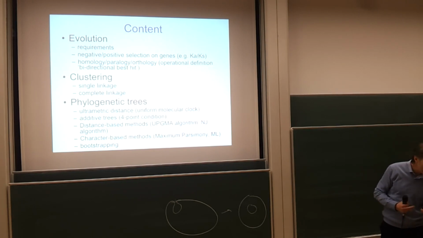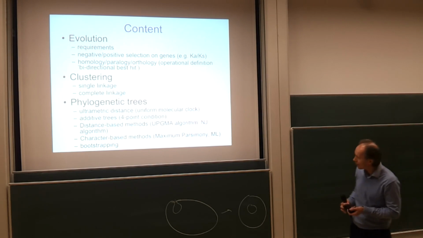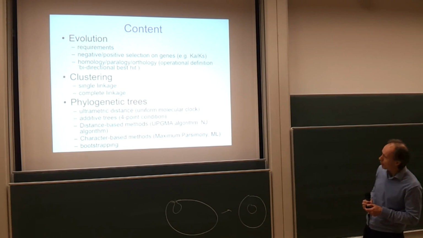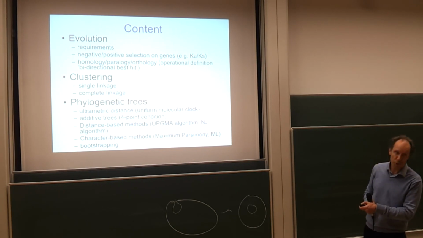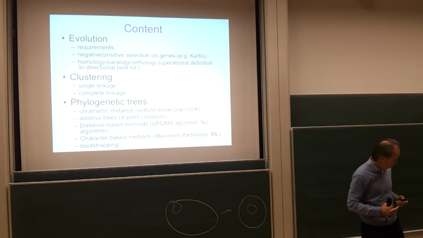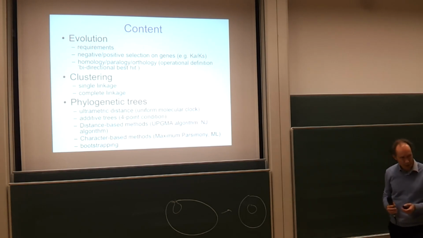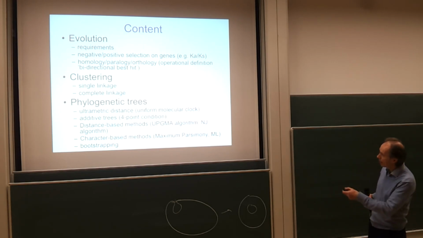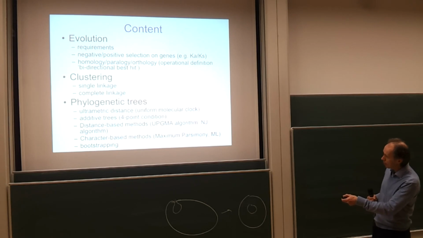Part of that will be a repeat. Some of you might have heard that before, but it's so important that I think it's not bad to run it past you quickly once again. Then we do a few methods, and you are going to cluster together. That's what we do today, and then the next lecture we will probably go on.